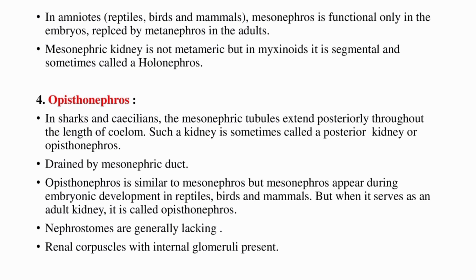Drained by the mesonephric duct, opisthonephros is similar to mesonephros, but mesonephros appears during embryonic development in reptiles, birds, and mammals. But when it serves as an adult kidney, it is called opisthonephros. Nephrostomes are generally lacking. Renal corpuscles with internal glomeruli are present.